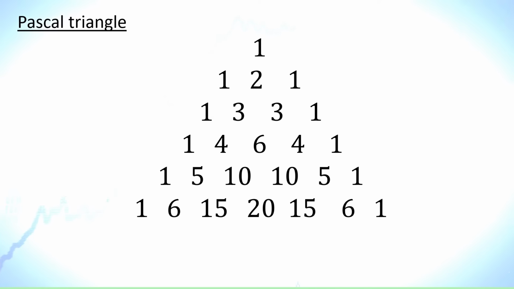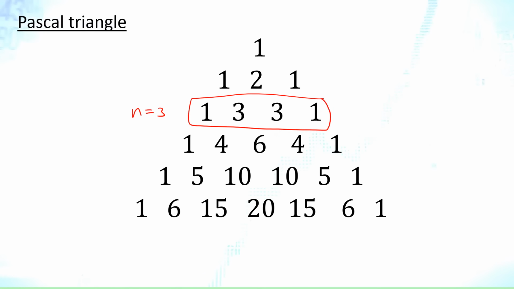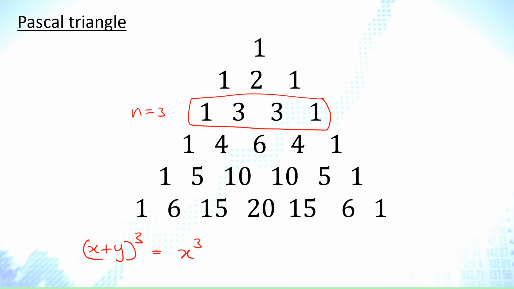For example, let's look at the n equals 3 case. It says that the coefficients are 1, 3, 3, 1. What does that mean? If you write (x plus y) cubed, this is equal to x cubed times 1, because the first coefficient is 1, plus 3 times x squared y, because the second coefficient is 3.